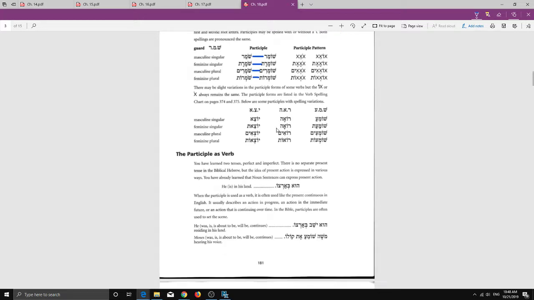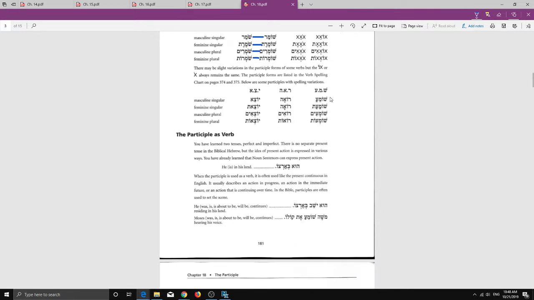Okay, so let's take a look at some of our other words. So here we have shomea, shomeat, shomeim, shomeot. Okay, and notice that these are the four kind of forms you can get from having a different number, singular or plural, and gender, masculine or feminine.